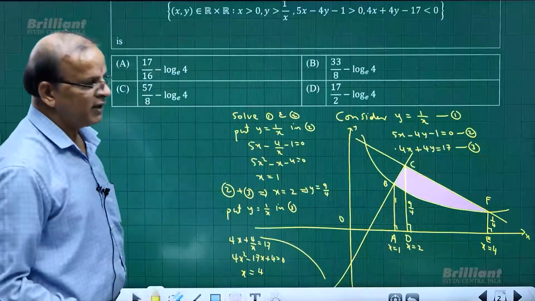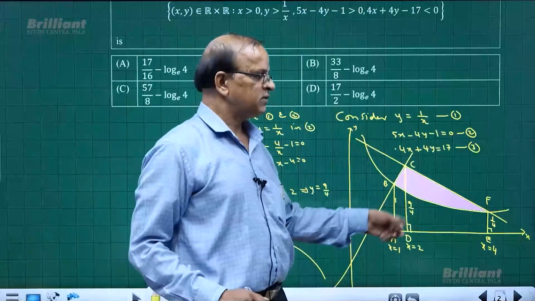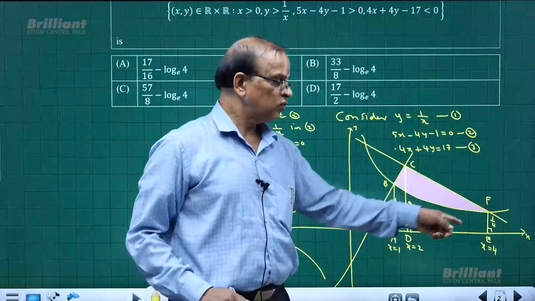Okay. Now required area is what? This trapezium plus this trapezium minus the area under the rectangular hyperbola from 1 to 4.